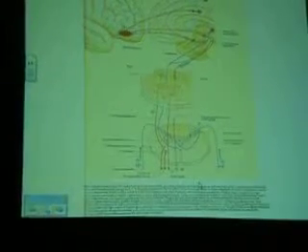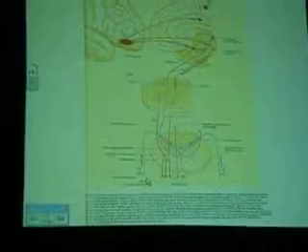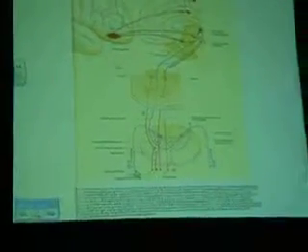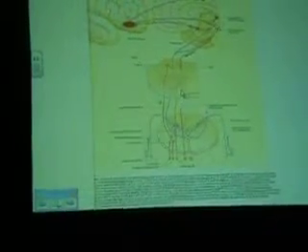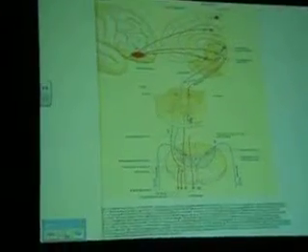So, the blue is the ascending pathway. The dorsal column or the spinothalamic tracts go up towards the pons. In the pons there's the reticular formation, with the midline raphe nucleus, remember about that? And adjacent to that there's the paramedian pontine reticular formation.